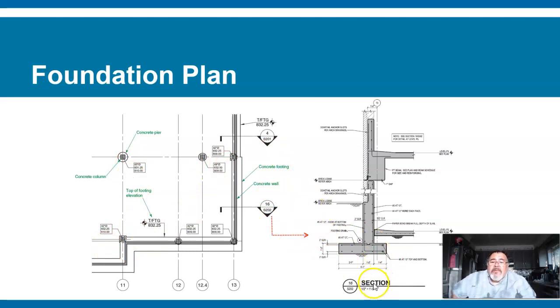So this little section is showing you the footing, the wall, the floor at one level on the inside, the floor at another level on the inside, and the wall as it extends. And this height changes, so you've got two levels of floor across this section.